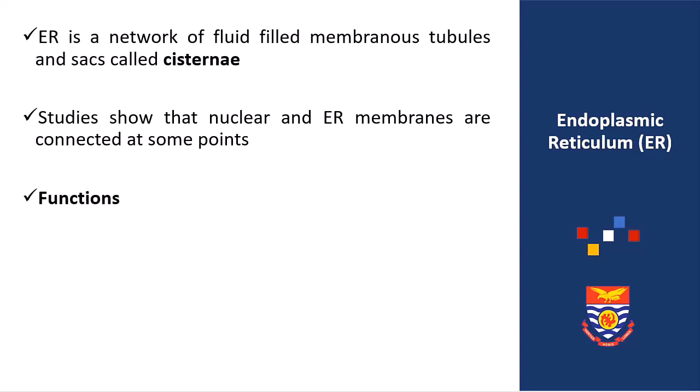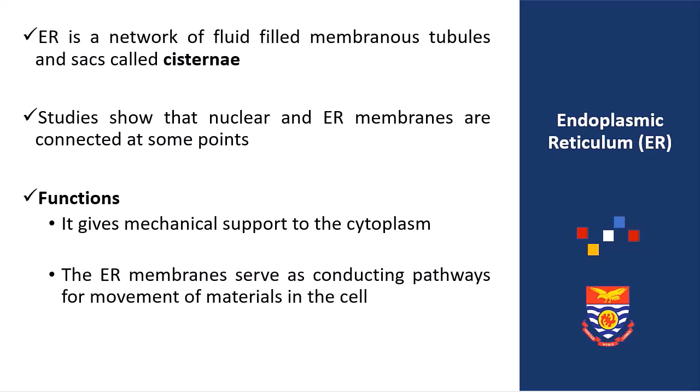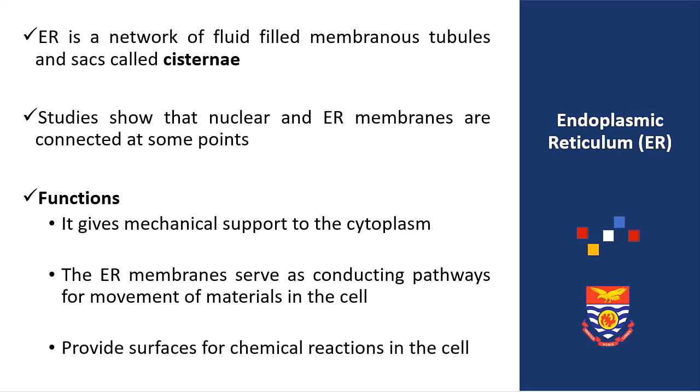The main function of the endoplasmic reticulum is that it gives mechanical support to the cytoplasm, and the membrane also serves as a conducting pathway for movement of materials in the cell, and also provides surface for chemical reactions in the cell.